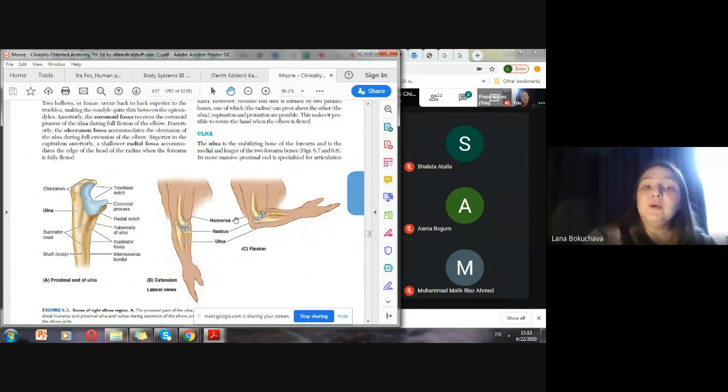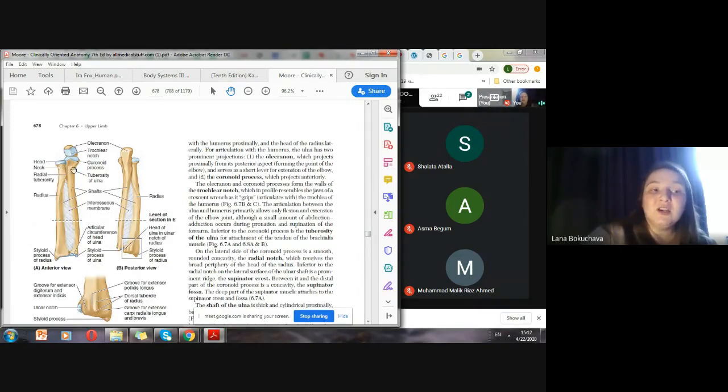As a result, we have the proximal articulation and the distal articulation, which are bone to bone, but in between these two structures we have a connective tissue membrane, which we call the interosseous membrane, literally meaning in between the bones.